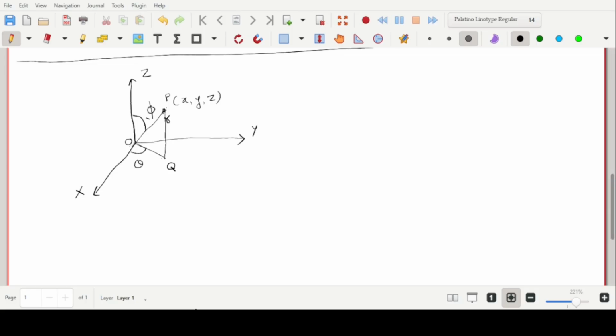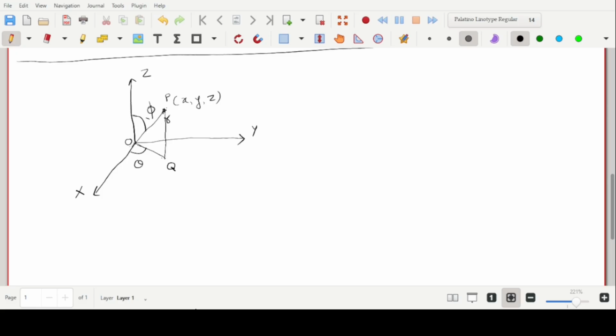That is phi. So this is what we have defined, and these r, theta and phi, all three parameters together determine this point xyz completely in space.